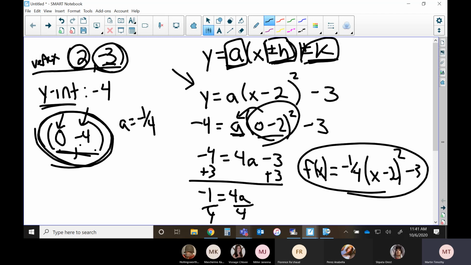I'm not trying to be mean, but this shouldn't be hard. That's Algebra 1. I know how to combine like terms, move things around, get A by itself. The majority of this problem is all Algebra 1. The only Algebra 2 part is understanding how to get your A, your H, and your K. Does that make sense though?